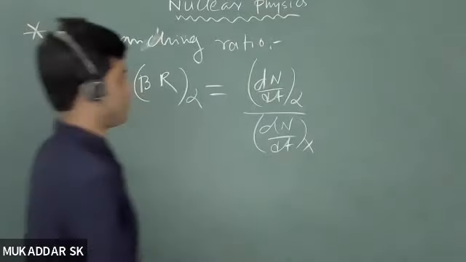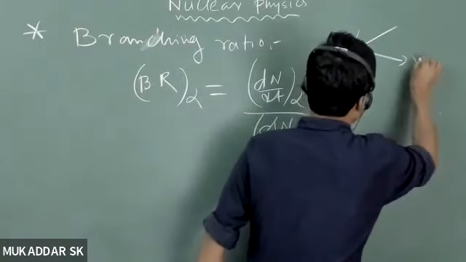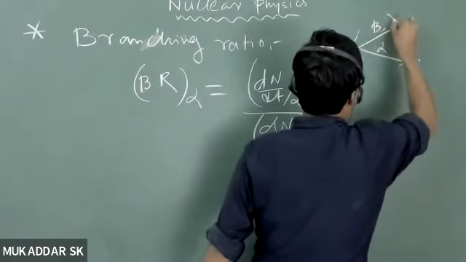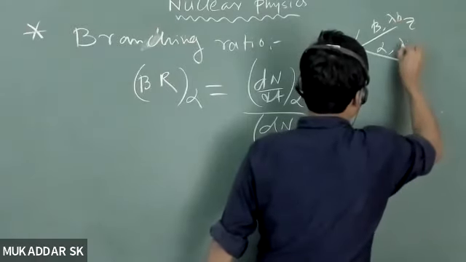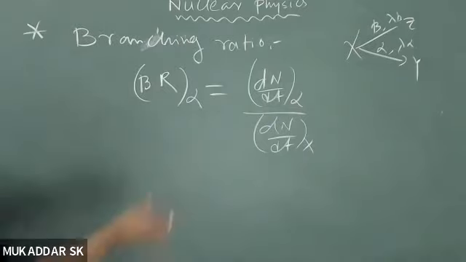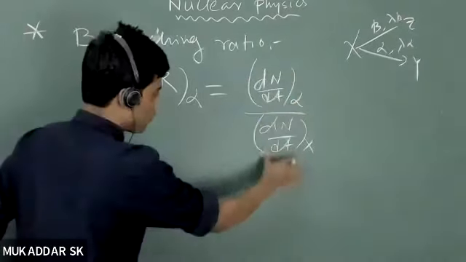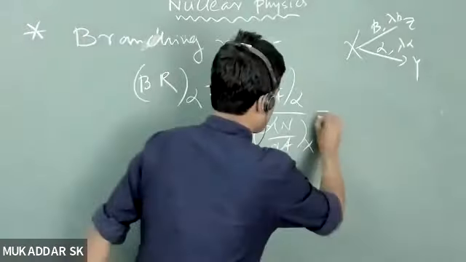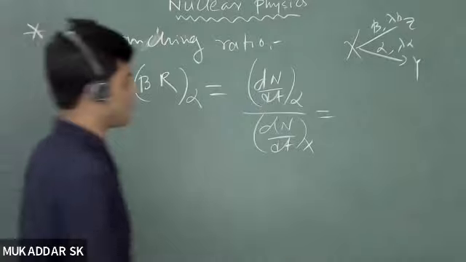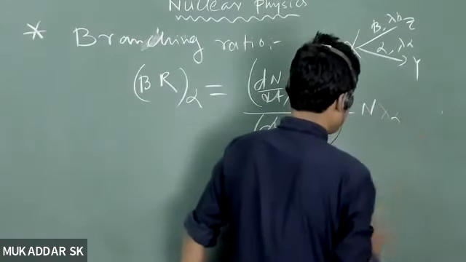But remember what I have assumed. We have a parent nucleus, it is decaying to Y and Z by alpha and beta with lambda alpha and lambda beta. So branching ratio for alpha decay is rate of decay in alpha divided by total decay. Now, can you tell me this value? dN by dt in alpha decay will be how much? That will be nothing but N into lambda alpha, right?